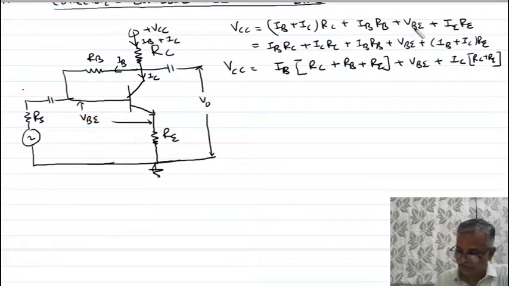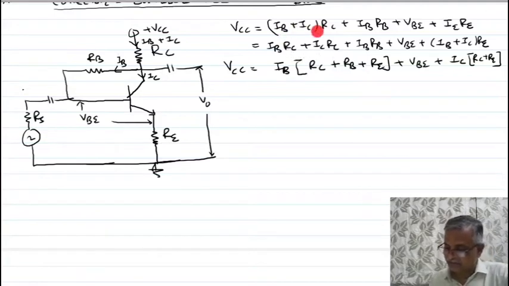This is your VB. This voltage is I RE, and I am keeping IB plus IC. So if I simplify this, IB I have taken common, RC plus RB plus RE, plus VB plus, if I take the IC common, IC into RC plus RE.